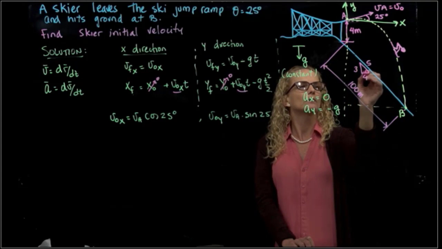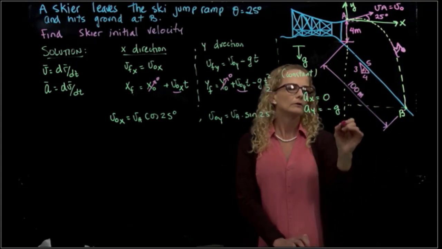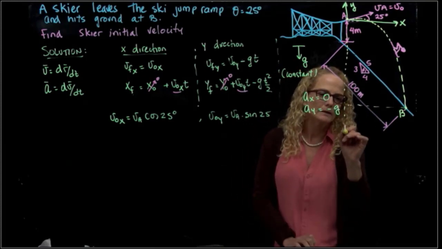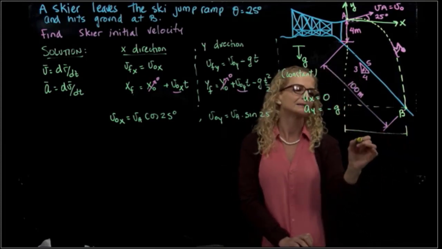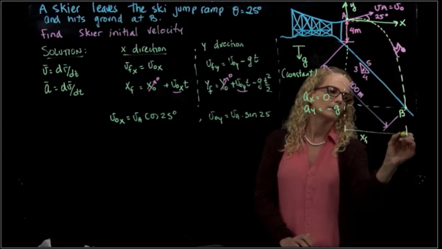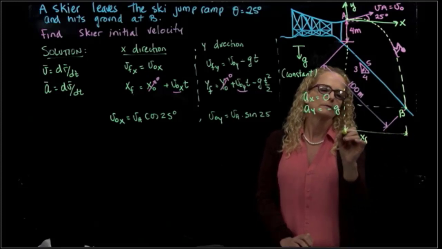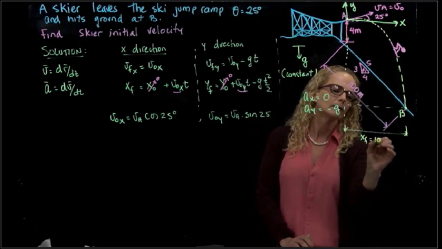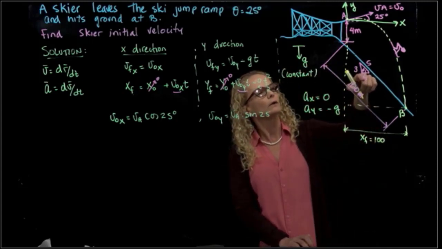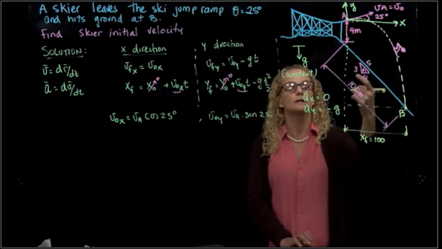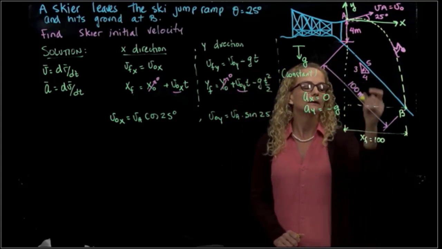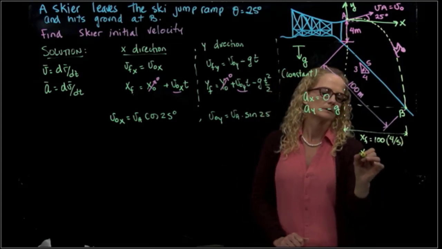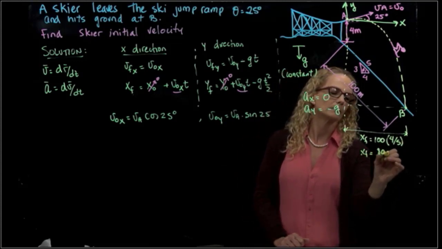We have to use this angle, let's call it phi, and this distance right here, which will be the final distance in x, being this the origin, will be 100 times the cosine of that angle, and that cosine is 4 over 5, which is equal to 80 meters.